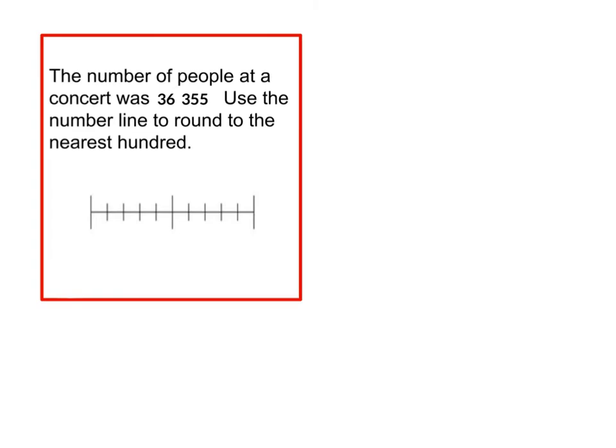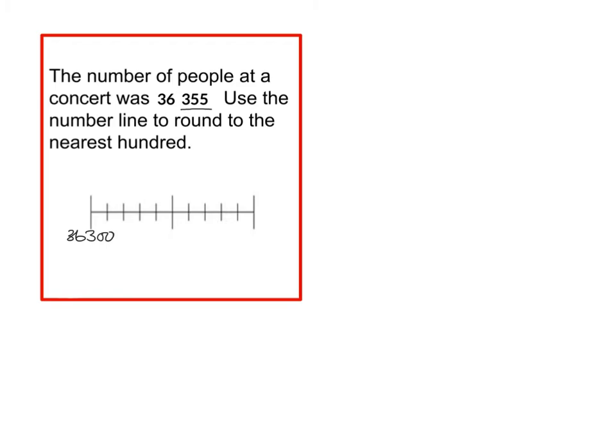Okay, here's another example. The number of people at a concert was 36,355, and we have to use the number line to help us round to the nearest 100. So the first question we have to ask is, what multiple of 100 comes before and after this? The number that's a multiple of 100 that would come before would be 36,300.